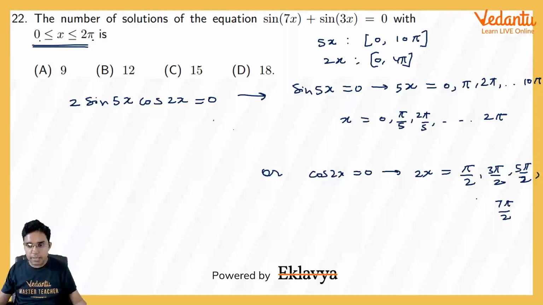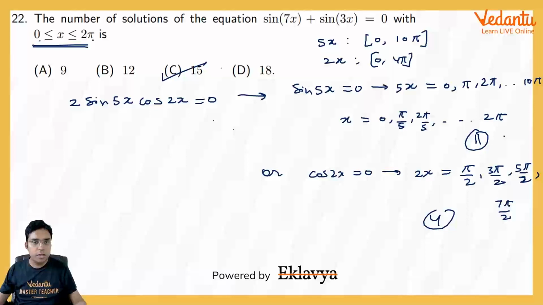Corresponding to that, x will take 4 values from here, and from 0 to 10 pi both included, 11 values here. So the total number of solutions will be 15 for this question. I think one very standard problem, one very easy problem. So this is definitely an easy question. Unless and until you make some really messy mistakes, this question should not go wrong.